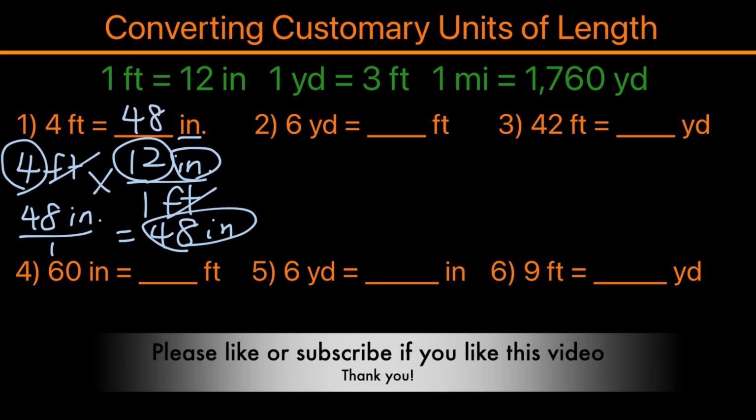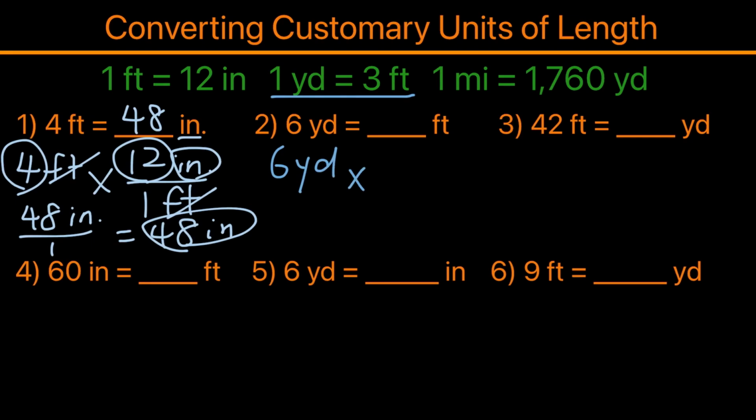For the next example, we have 6 yards converting to feet. So which one of the conversion methods should we use? This would be the one, yard to feet. So we'll go ahead and write it out, 6 yards. And we're going to multiply yard to feet.